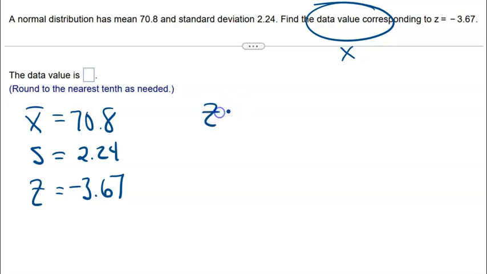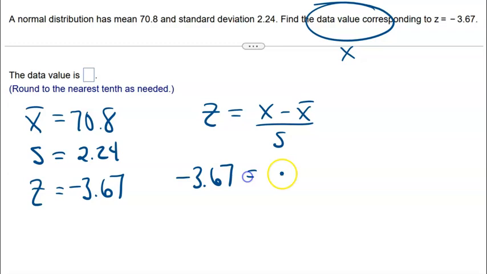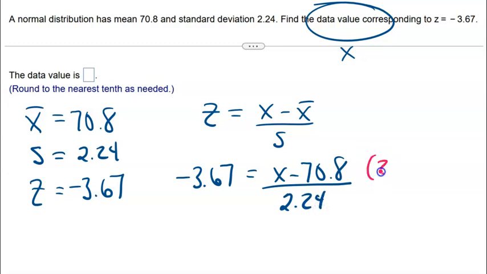So remember, our formula is Z equals X minus X bar over S. So you have negative 3.67 equals X minus 70.8 divided by 2.24. Remember the steps. Multiply both sides by 2.24 because I am attempting to isolate that X value. So that's going to give me 2.24 times negative 3.67, and I get negative 8.2208.